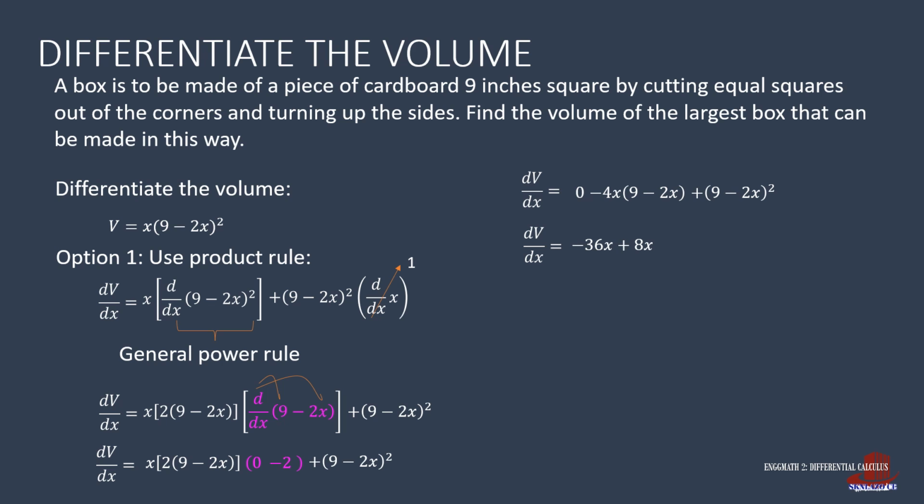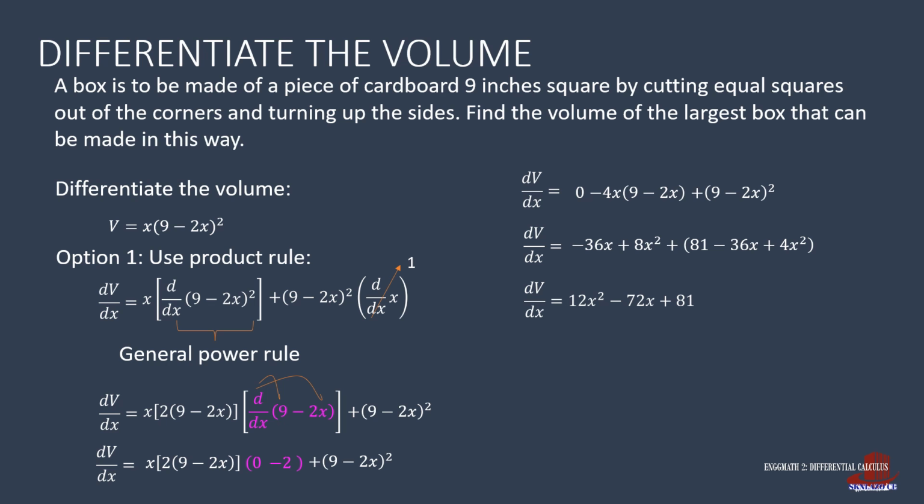So distribute negative 4x among the terms and also expand the square of the binomial. dV over dx is then negative 36x plus 8x squared plus 81 minus 36x plus 4x squared. dV over dx is then 12x squared minus 72x plus 81. This is the end of the differentiation.